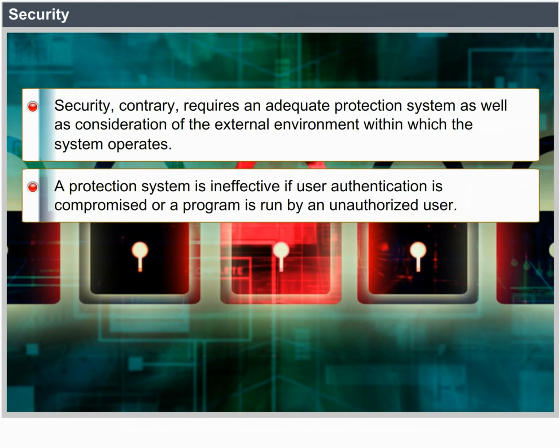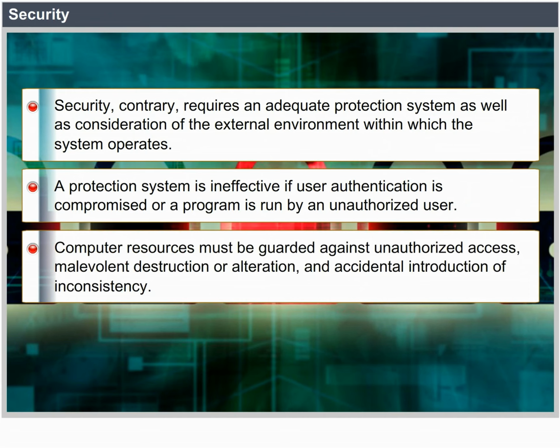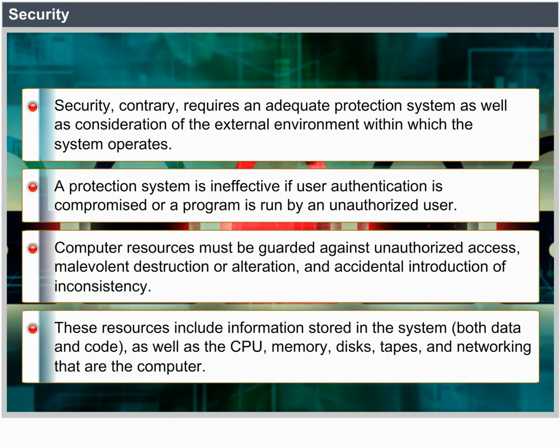Computer resources must be guarded against unauthorized access, malicious destruction, or alteration, and accidental introduction of inconsistency. These resources include information stored in the system, both data and code, as well as the CPU, memory, disks, tapes, and networking that are the computer.